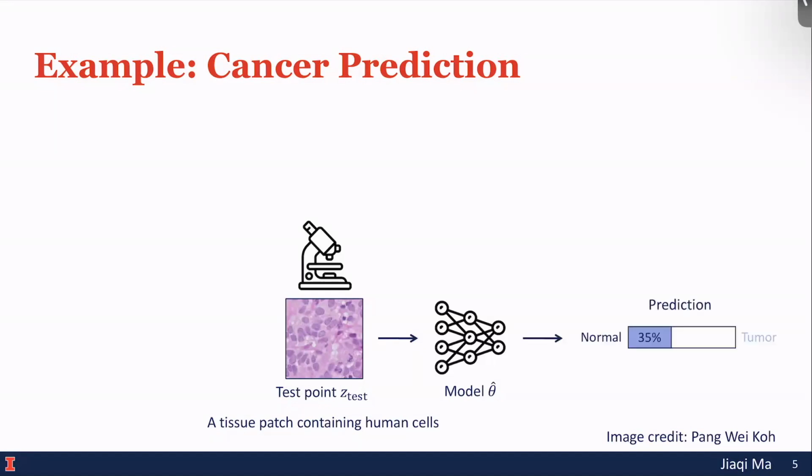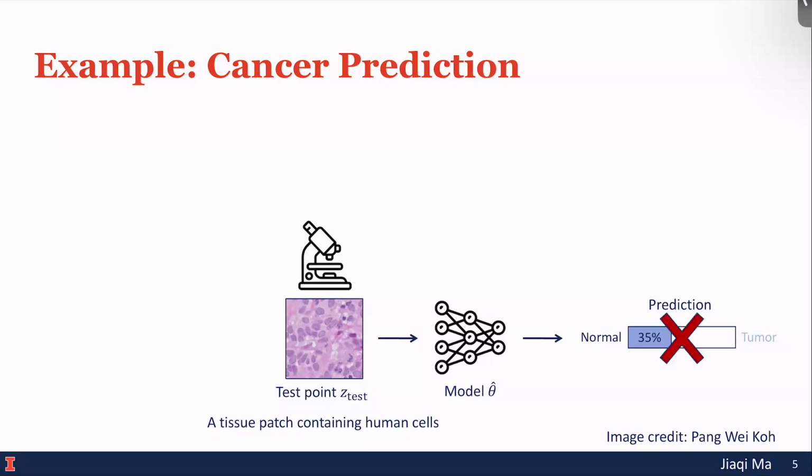The goal is to predict whether there's cancer in this tissue patch, so whether this tissue contains tumor cells. Suppose for this test data point, the learned model predicts only a 35% likelihood of tumor cells. So it thinks this is more likely a normal tissue rather than a cancer tissue.